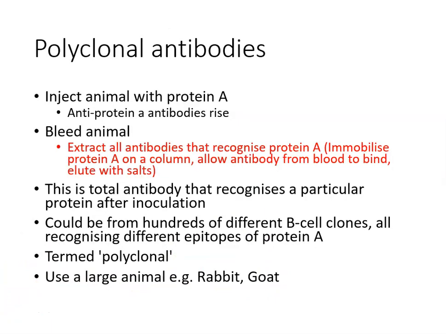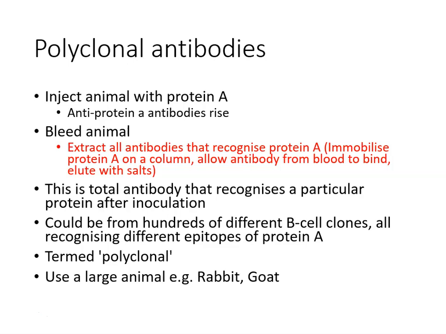If we want a rather crude, dirty antibody prep, we can just take a relatively large animal, so a goat, rabbit, donkey, or horse, and inject that animal with protein A. The animal will have an immune response to protein A. You can repeat the process so you get a high antibody titer, and then bleed that animal. And you tend to not kill the animal at this point, but bleed the animal and then repeat the bleeding at later time points.